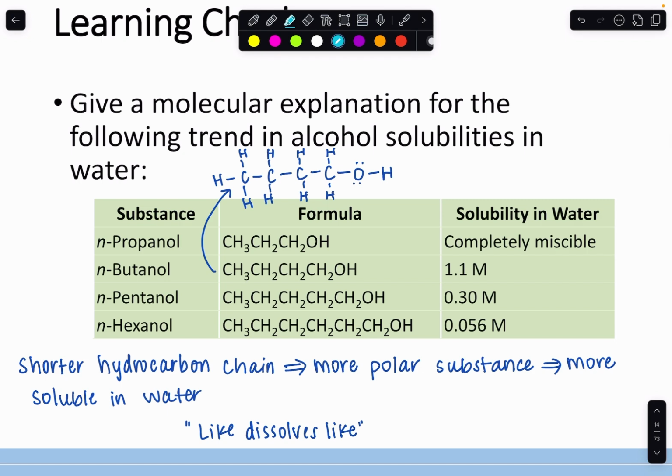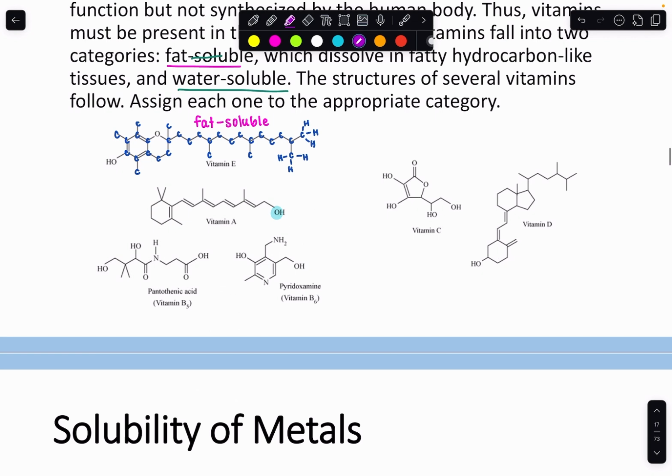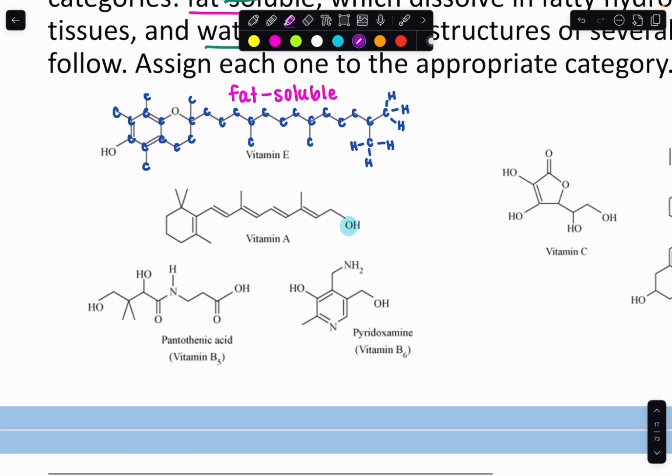We saw with larger number of hydrocarbon or larger hydrocarbon chain, the solubility decreased. If you continue increasing that hydrocarbon chain, that substance will now become more soluble in fatty tissues, nonpolar tissues, rather than water. So that's what we're seeing here. Vitamin A is also fat soluble. I'm just going to write, FS for fat soluble.